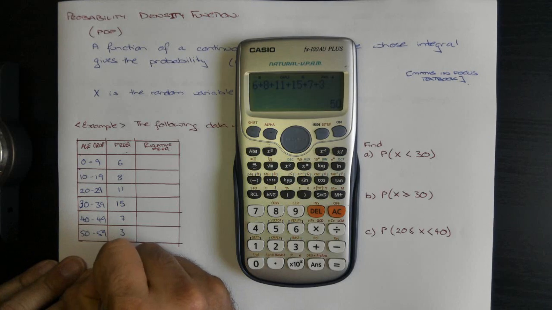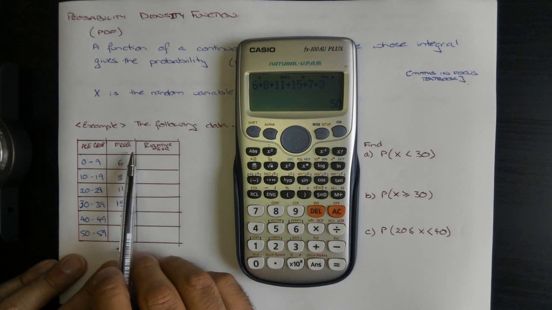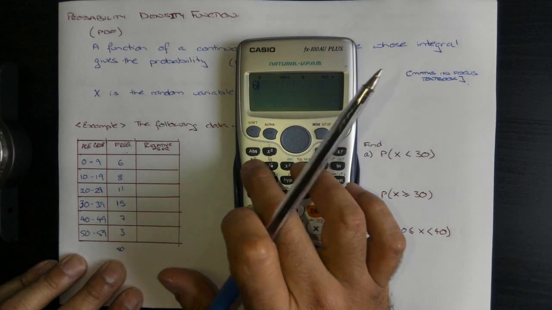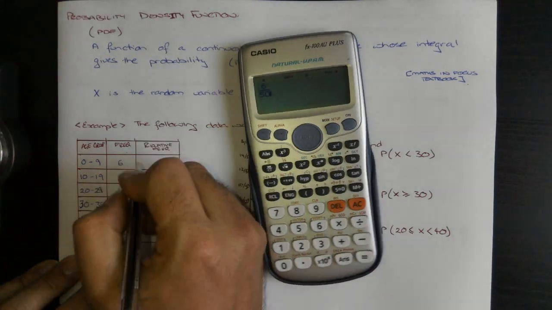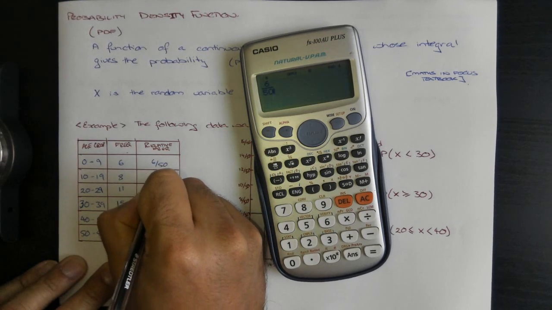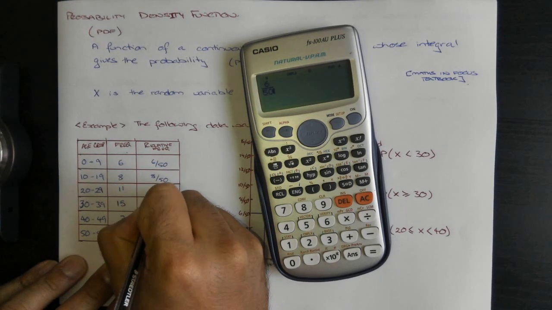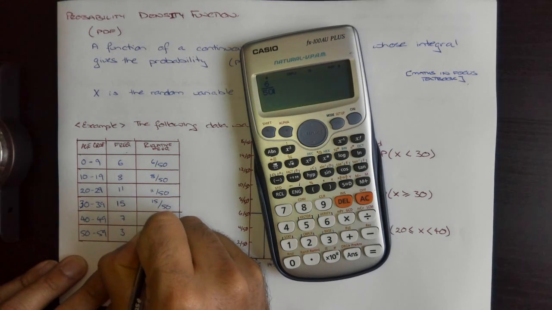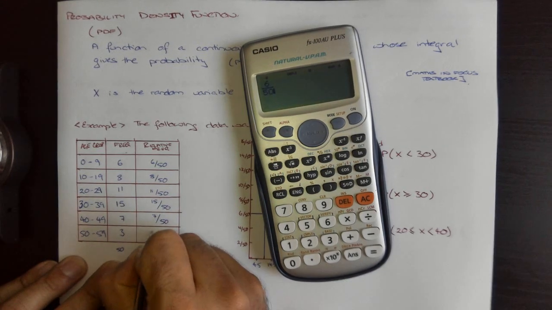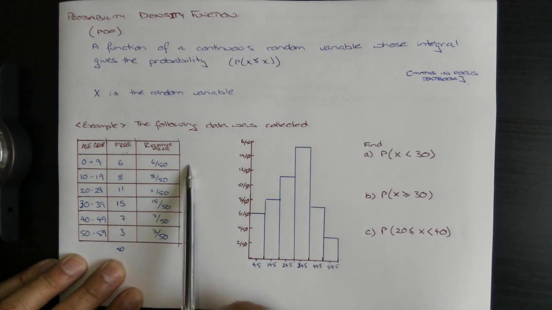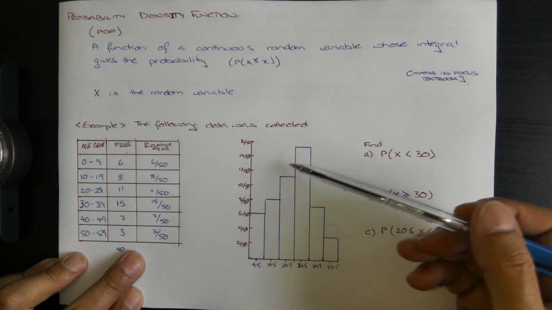We can then calculate our relative frequency, so 6 over 50. We'll just leave it in terms of 50, that's fine. From our data, we can create a histogram.